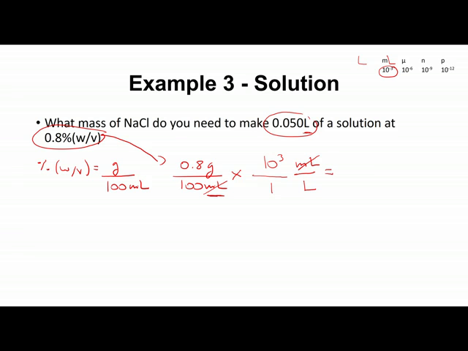So which means that you have 0.8 times 10 to the 3 over 100, which is 10 to the 2, grams per liter. Now we can simplify this by removing this 10, so it will become 8 grams per liter.